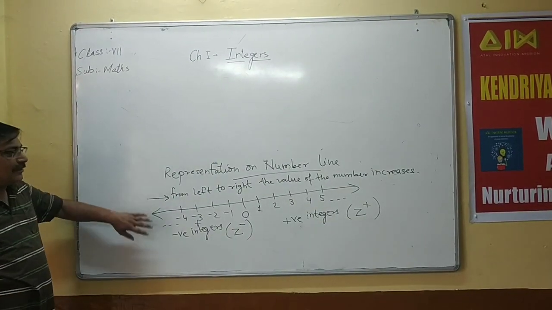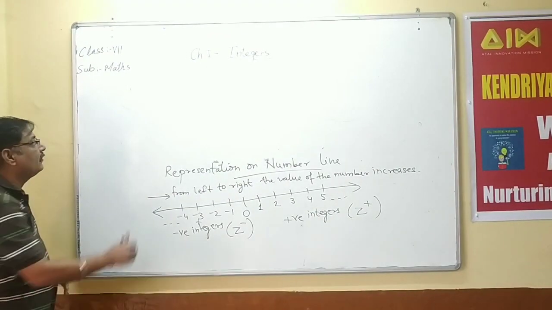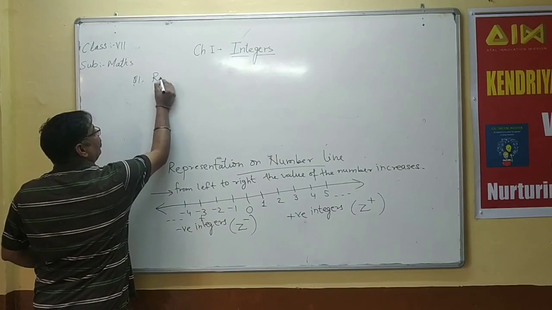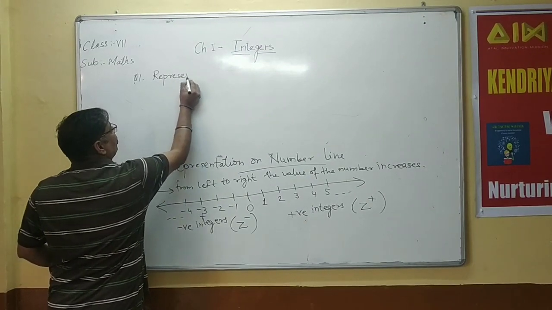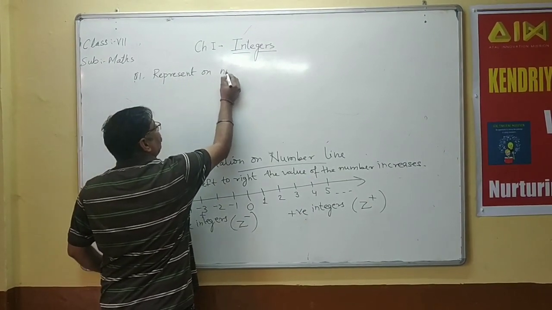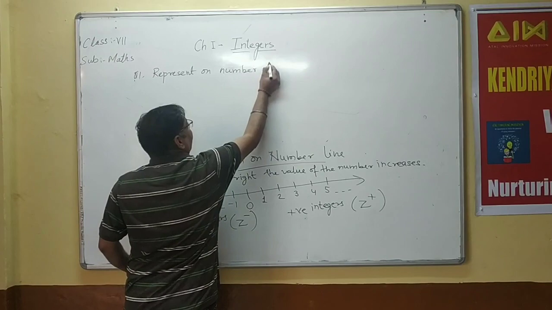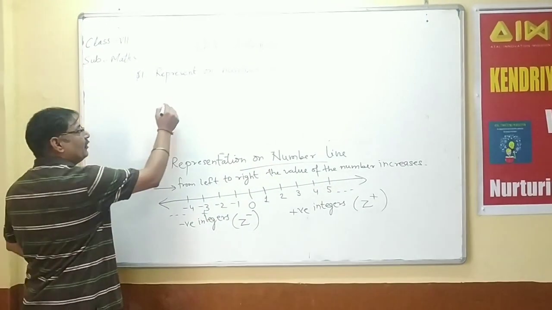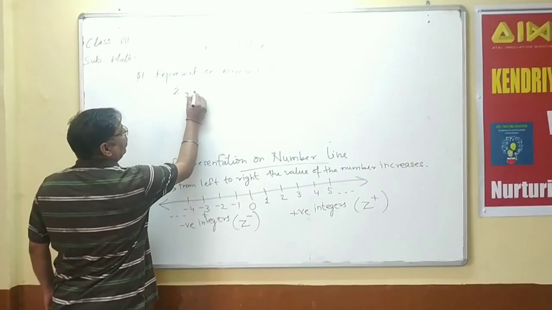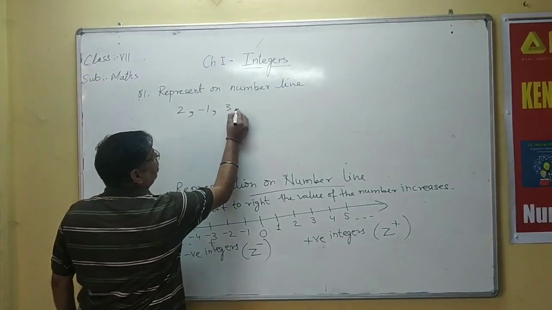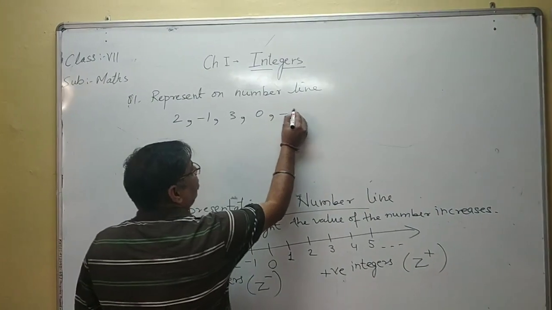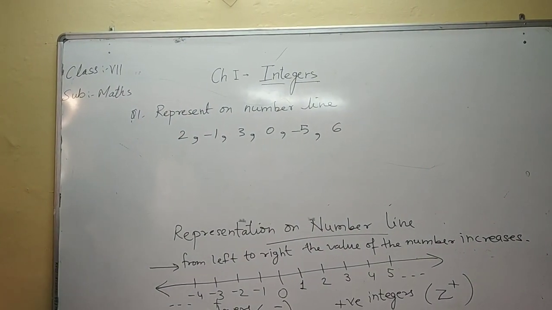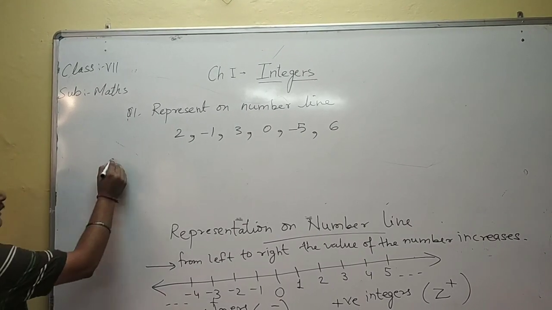If we have to represent numbers on the number line, suppose I give a question: represent the following numbers on the number line. Now we want to represent these numbers on the number line.